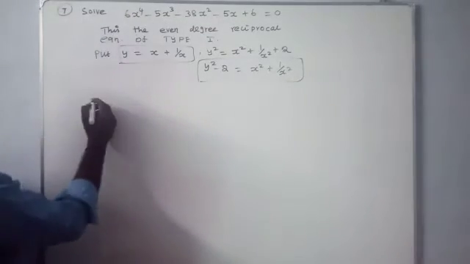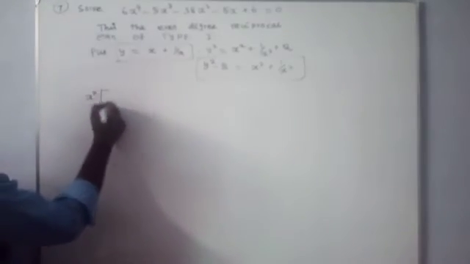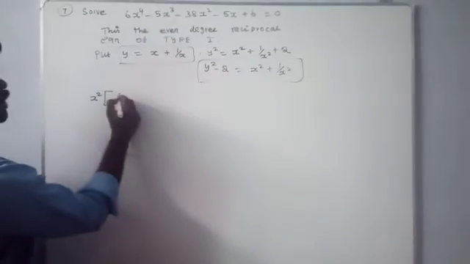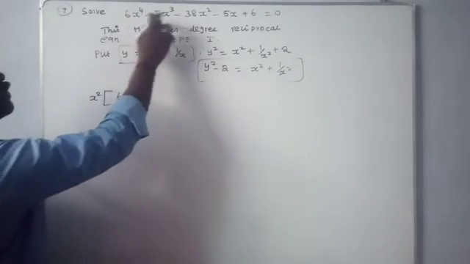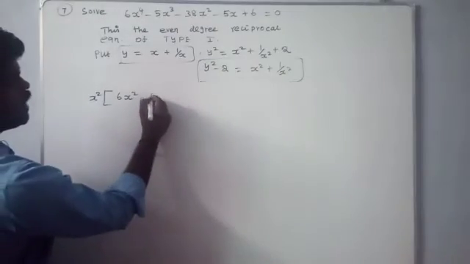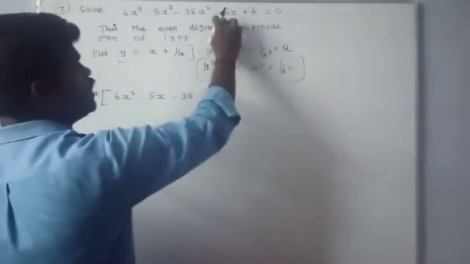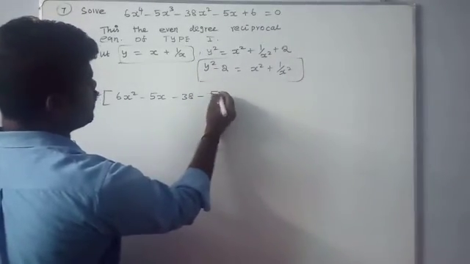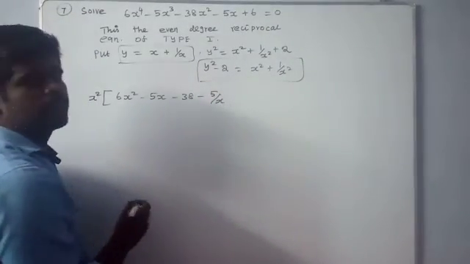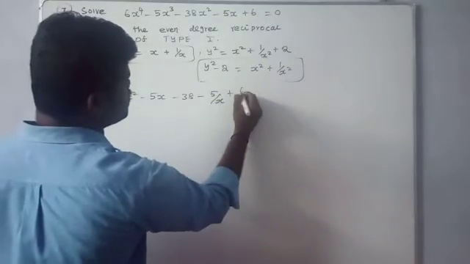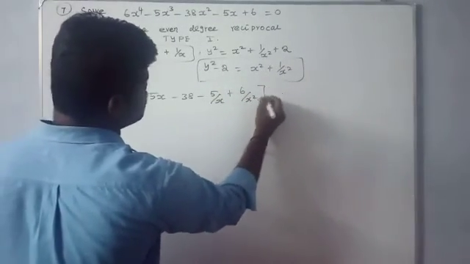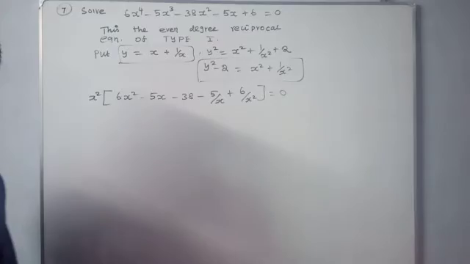Take x square outside here. 6x squared, and x square outside here, minus 5x, and also x square outside, minus 38, and here take x square outside, minus 5 by x, and here plus 6 by x square, which is equal to 0.